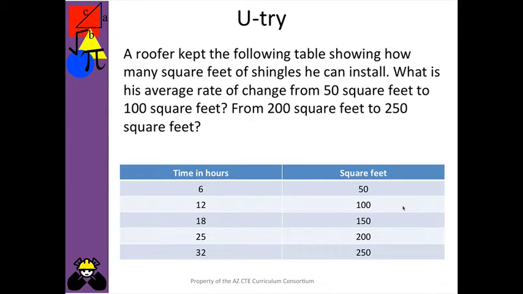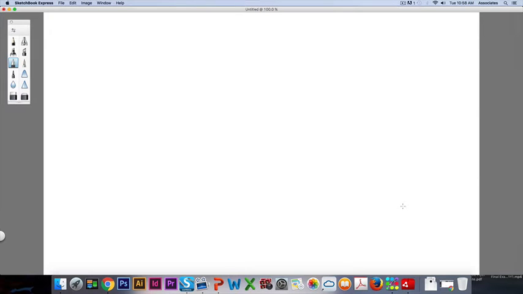Welcome back. Let's go ahead and go to our slate, and let's figure it out. First of all, we wanted the change from 6 hours to 12 hours. So delta y over delta x is going to be f of b minus f of a over b minus a.